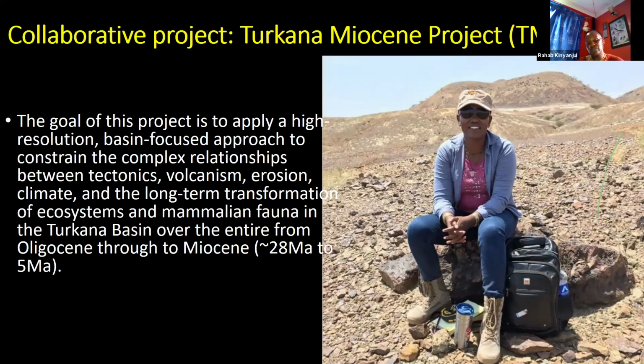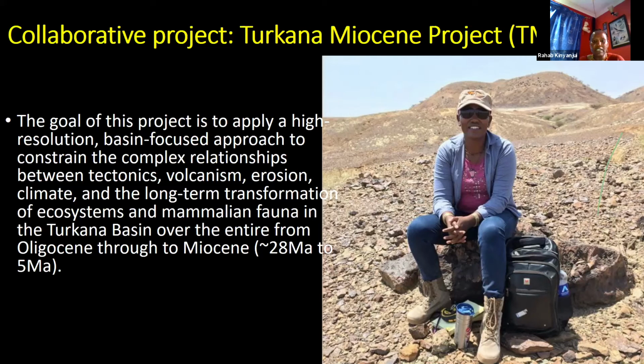It's actually a continuation of the previous Miocene project, but this one applies a high resolution basin forecast approach, where geologists who want to look at tectonics, volcanism, erosion, and climate, in a nutshell, bring earth, life, and climate science together to solve what happened through the Miocene, because this is where mainly the hominoids, the gorillas and the monkeys, were evolving.